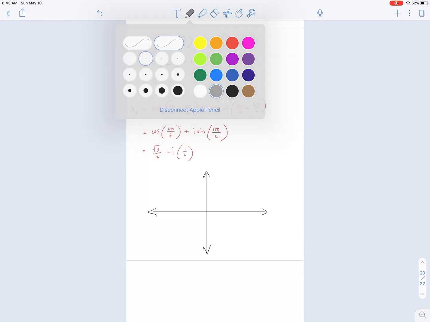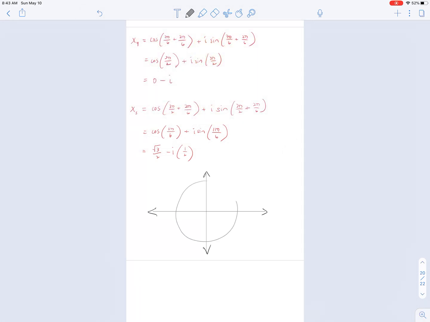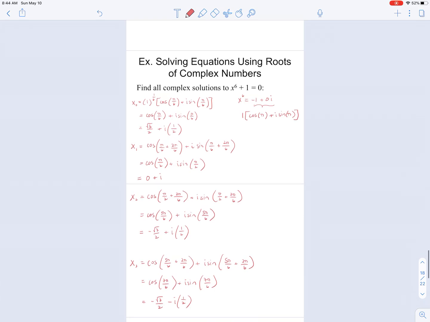Let's represent those solutions in the complex plane. So I can draw a circle that would have a radius of 1, so a unit circle.